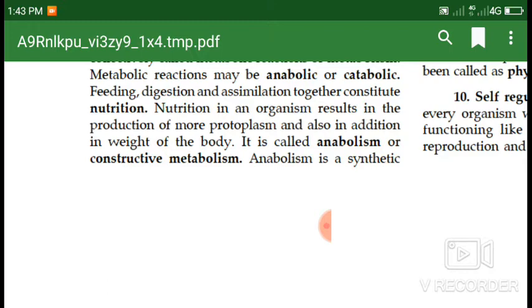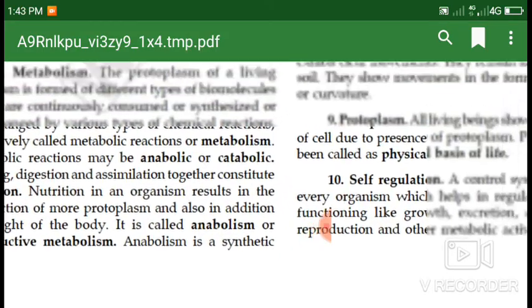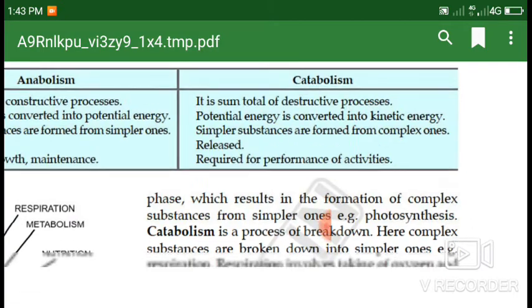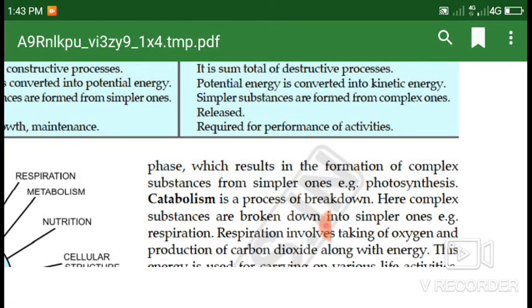So anabolism is the constructive process, in which the complex food substances are broken down into simpler ones and pass into the intestines, and then the further catabolism process takes place. Anabolism is a synthetic phase which results in the formation of complex substances from simpler ones.